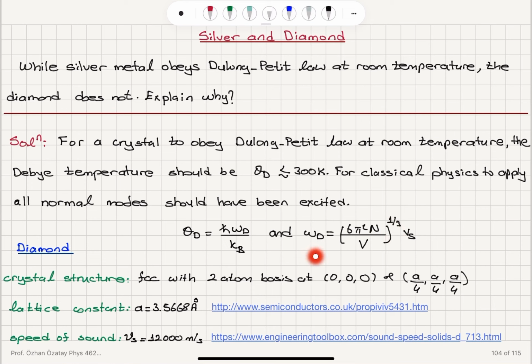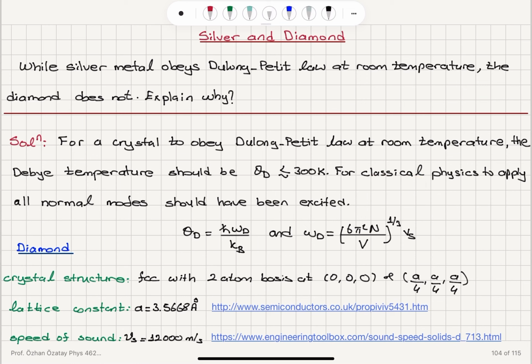Remember that the Debye model is for the acoustical branch, and we have k Debye times the speed of sound, omega Debye. So the Debye temperature should be less than or comparable to 300 Kelvin for it to obey the Dulong Petit law at room temperature. That's the classical physics result.